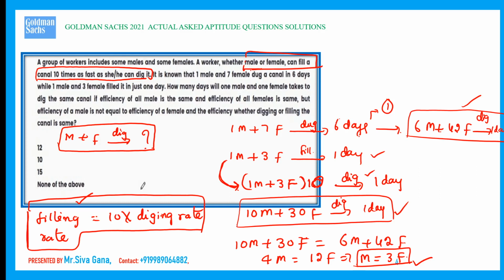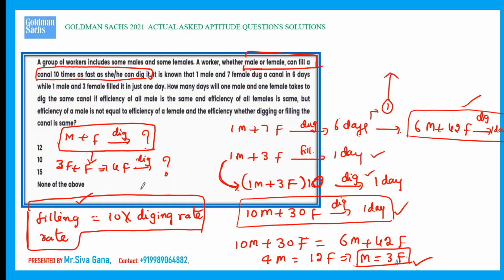Now this is what he is asking. In place of the male, I put female. One male is equal to 3 female, plus 1 female, which means 4 female indirectly. How much time do 4 female take to dig the canal? Let us use the first equation again.